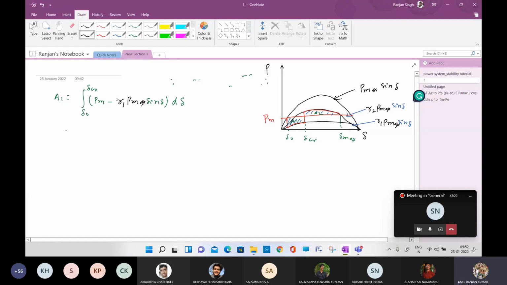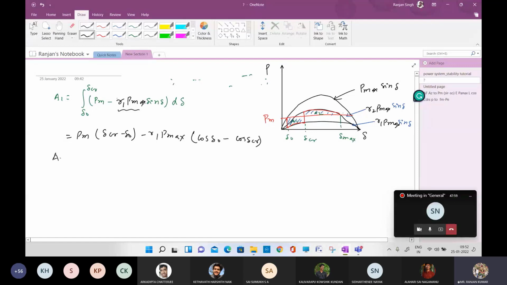If you calculate this, it comes to Pm times (del CR minus del naught), and here r1 P max is a constant that comes out. The integration of sin is minus cos, which is why the limits are taken in reverse manner: cos del naught minus cos del CR.